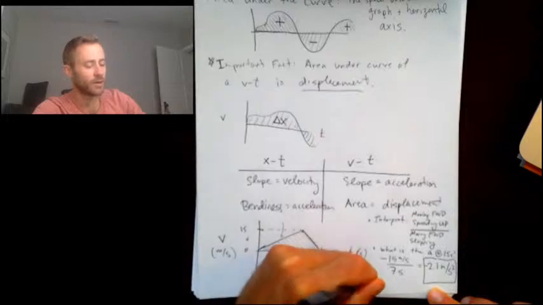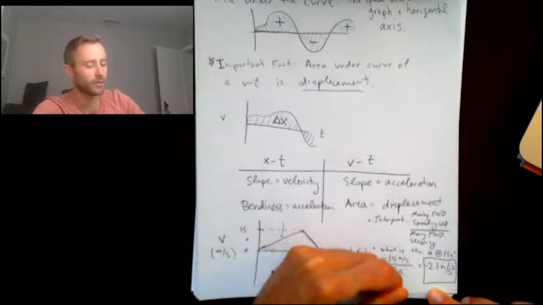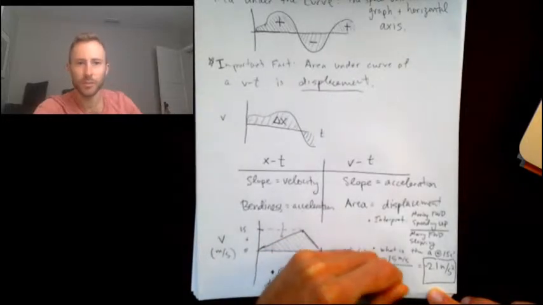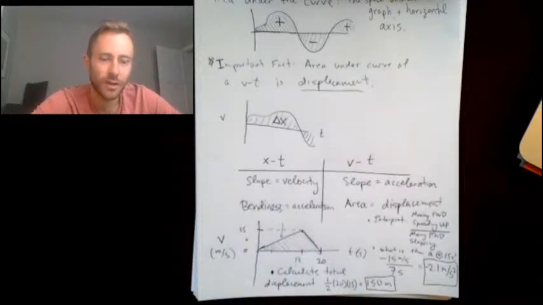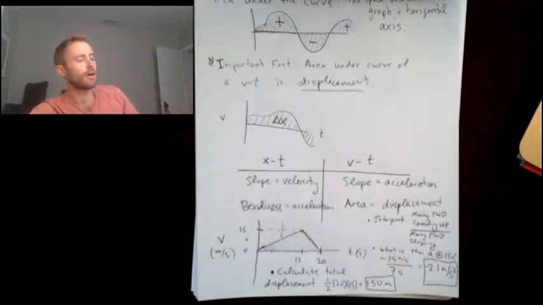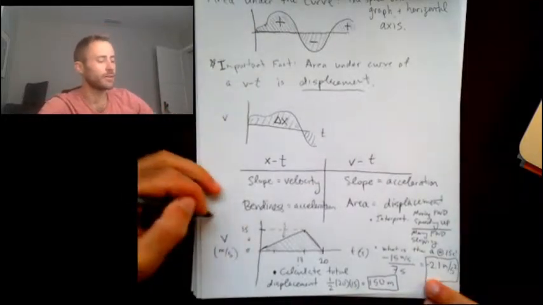So that is 150 meters is the displacement during that. So basically, the distance between stoplights is 150 meters. All right. So that is an example.